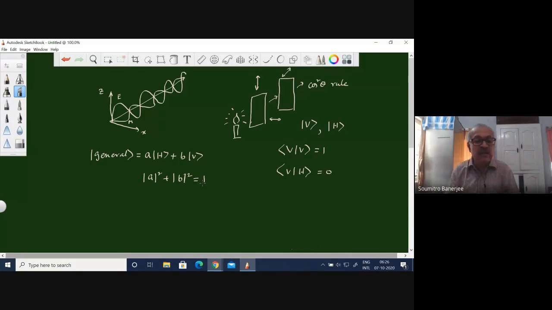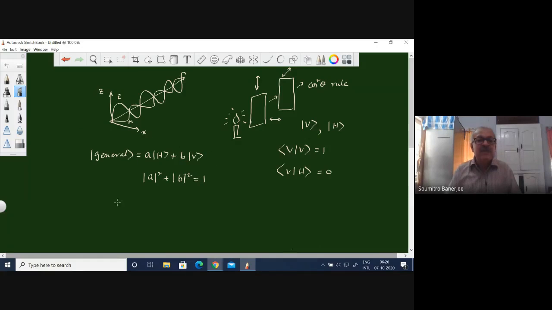This is a requirement because ultimately it has to be normalized. So any arbitrarily polarized light can be represented in a representation like this.